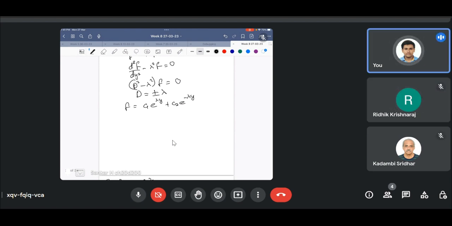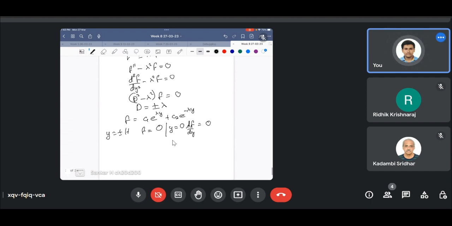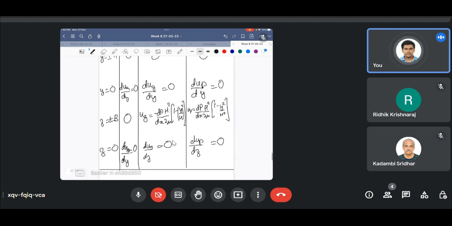Okay, f is equal to c1 e raised to lambda y plus c2 e raised to minus lambda y, as shown here. Now, if I put the boundary conditions of f, where I need f to be equal to 0 at y equal to plus or minus h, and df by dy to be equal to 0 at y equal to 0. These are the two boundary conditions that we have defined for f.